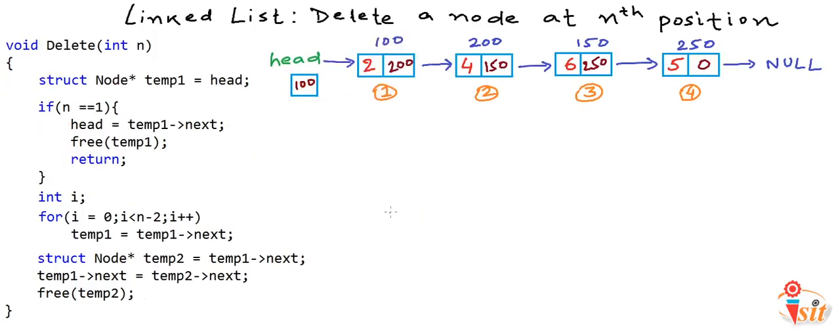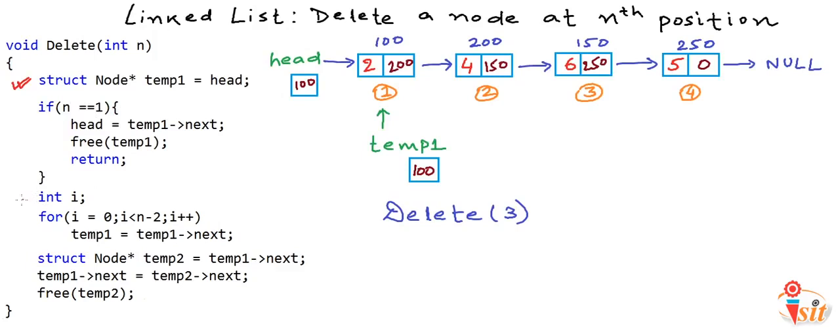Let's rerun this code again, and this time I want to delete the node at third position in the list. I have drawn this initial list. So once again we create this variable temp1. We say that the address here is equal to 100, so it points to the head node or the first node. And now n is not equal to 1, it is equal to 3.